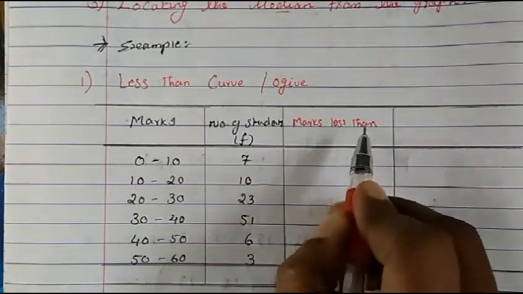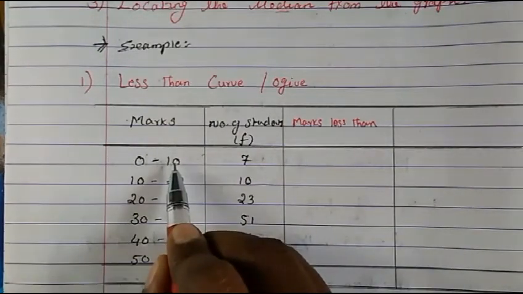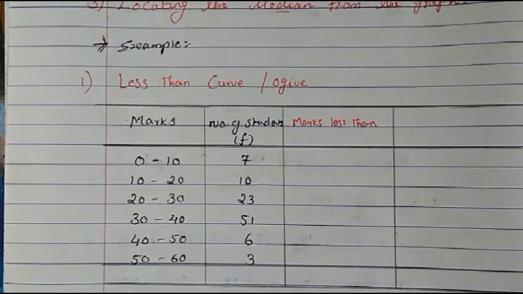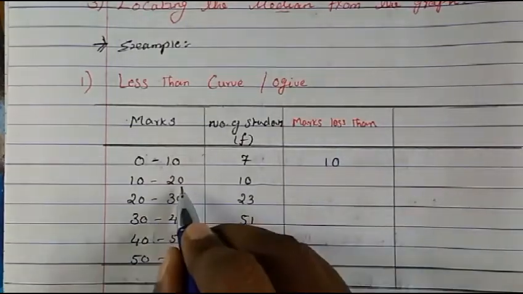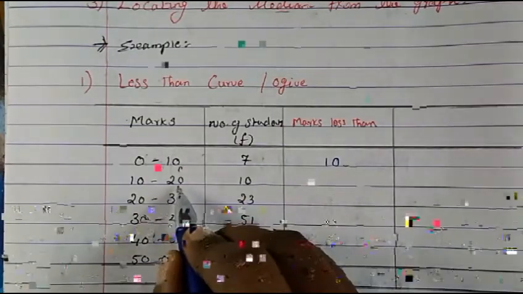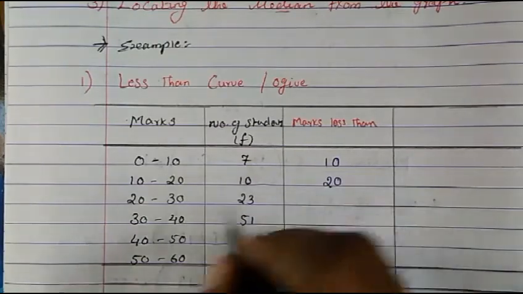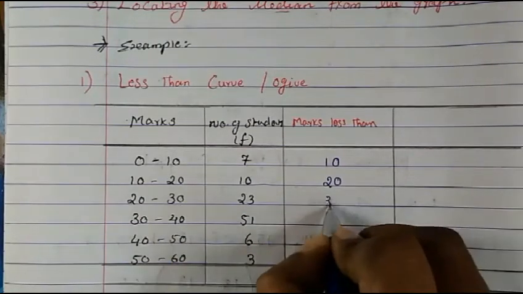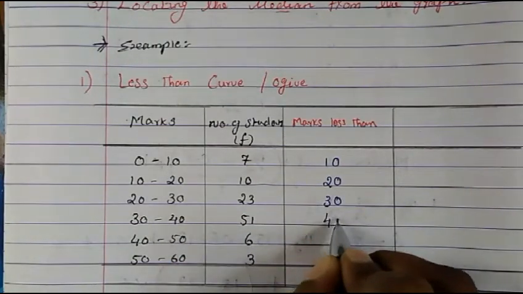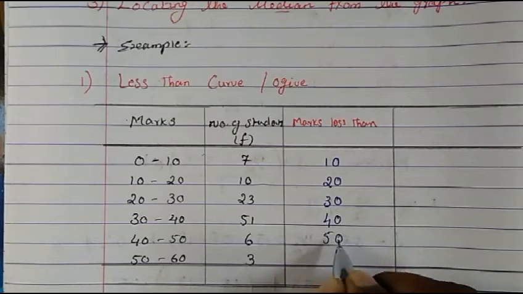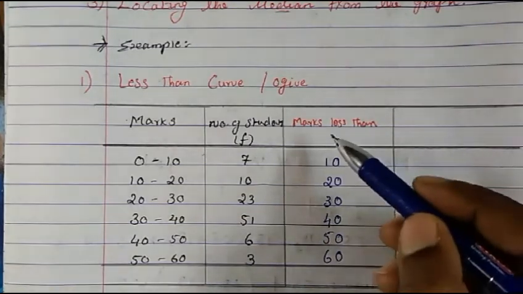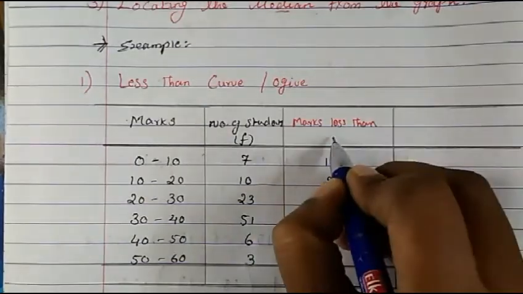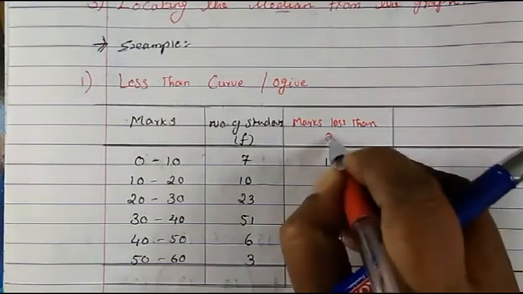Here marks less than means it should be less than 10, so we write down 10. Same way here less than 20, here less than 30, here less than 40, here less than 50, and here less than 60. That's how we have to prepare this column, and this is our X.